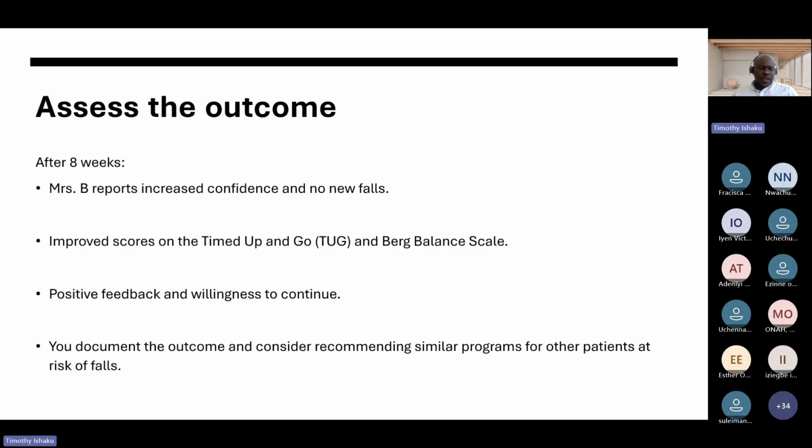Just a caveat, we know evidence changes, evidence keeps updating. So the fact that you have found something that worked 2, 3 years ago, 5, 10 years ago, or whatever years ago, another 5 years down the line, that doesn't mean you cannot go back again to look for evidence in the guidelines and the literature, because something might have come up and you want to update yourself and make sure you are doing the best for your patient.